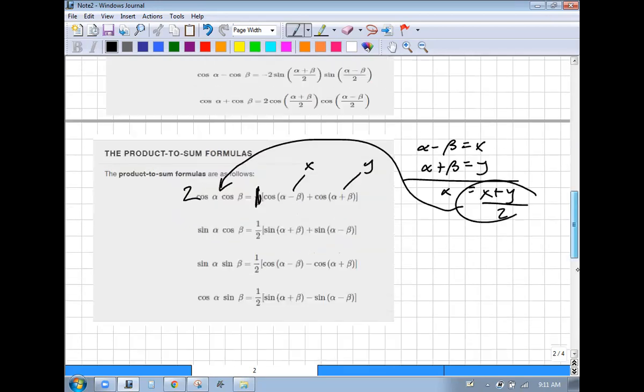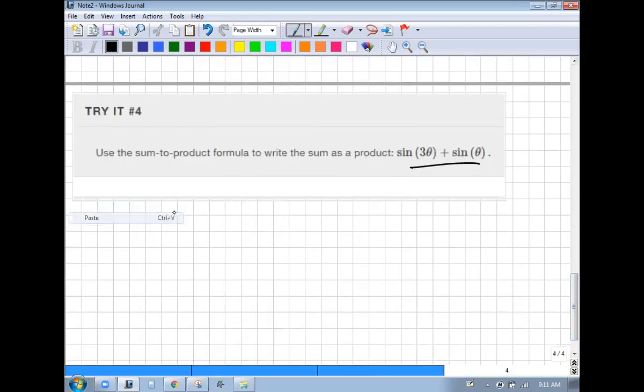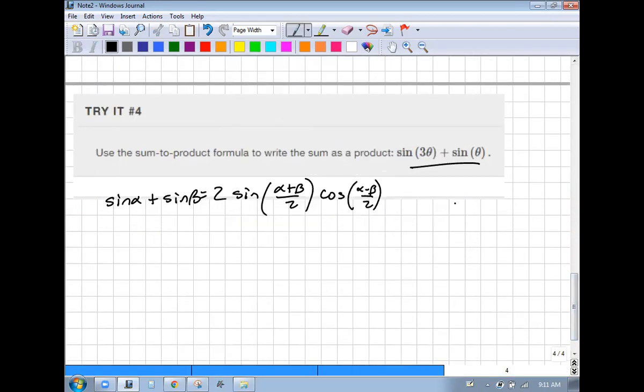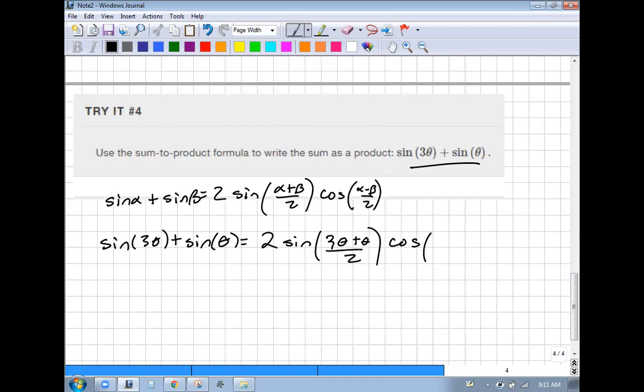I'll copy that. So we go to our formulas, find the one that we want, and we just plug and chug. So sine of 3 theta plus sine of theta is going to be twice sine. We add our angles, divide by 2, and cosine, and then subtract our angles and divide by 2. Just following the formula here.